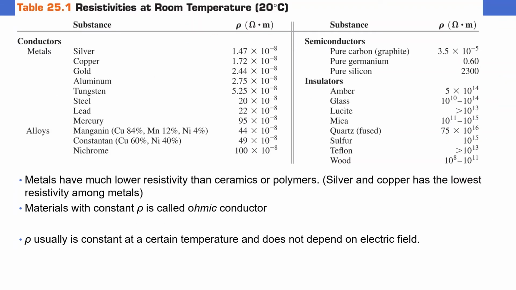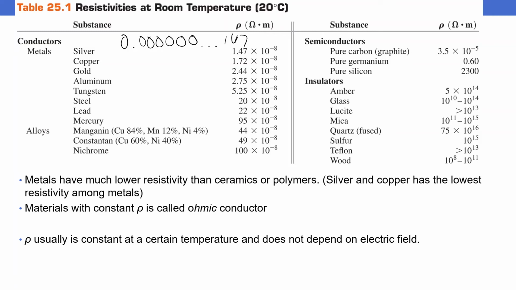This table here shows the resistivities at room temperature, or 20 degrees Celsius, for conductors, semiconductors and insulators. Among conductors, silver has the lowest resistivity, which is about 1.47 times 10 to the power of negative 8 ohm meter. Since it is 10 to the power of negative 8, this is about 0.0000000147. So you get the idea.